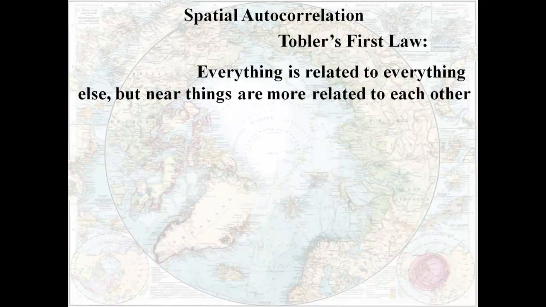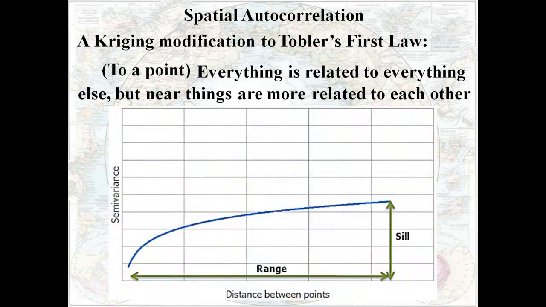So Tobler's law says everything's related to everything else, but near things are more related to each other. That's Tobler's first law. What kriging is saying is up to a point everything is related to everything else, but near things are more related to each other. So after some point, kriging is saying things aren't necessarily related. So if I've got a point that's 100 miles away from my point, it's probably, or very likely in many cases, not going to be related to my point.